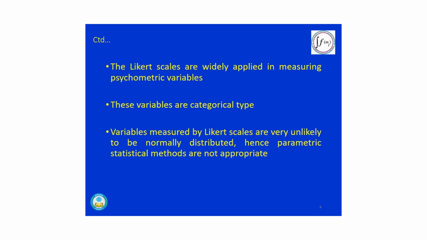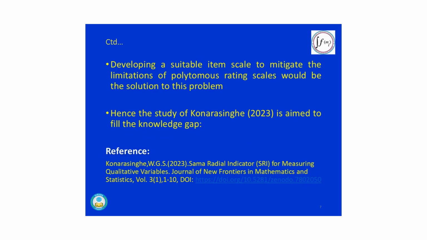For example, Z-test, t-test, ANOVA, multiple regression analysis are not appropriate when the variables are categorical. So we have to move to the non-parametric counterparts. It was really important to develop a method to mitigate the limitations of polytomous rating scales, to avoid misuse of statistics.